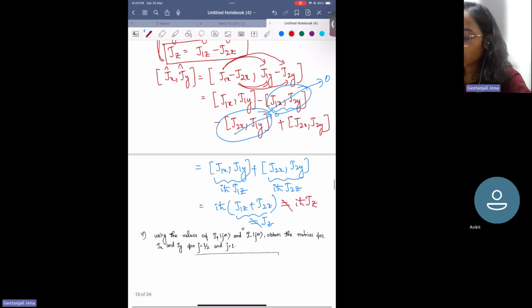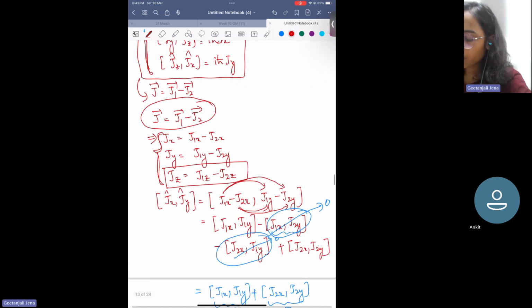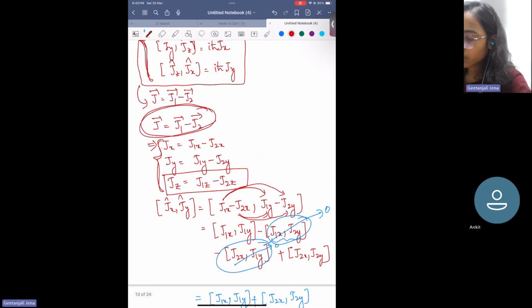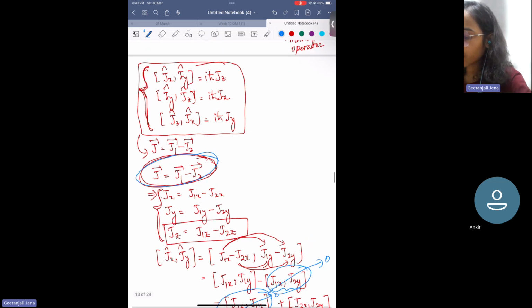So here you can conclude that if you take J equal to J1 minus J2, then you won't get the commutation relation that is satisfied by orbital angular momentum. So this is not an orbital angular momentum operator.